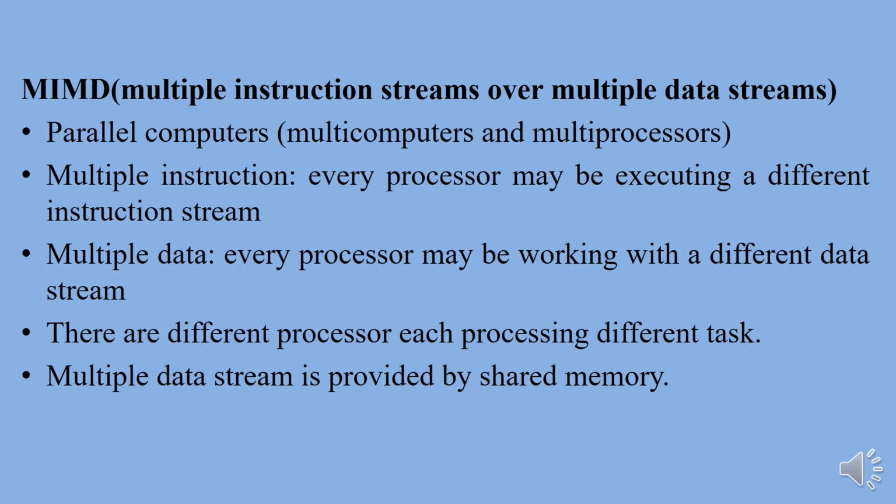Multiple instruction: every processor may be executing a different instruction stream. Multiple data: every processor may be working with different data streams. So there are different processors, each processing a different task. Multiple data is provided by shared memory.